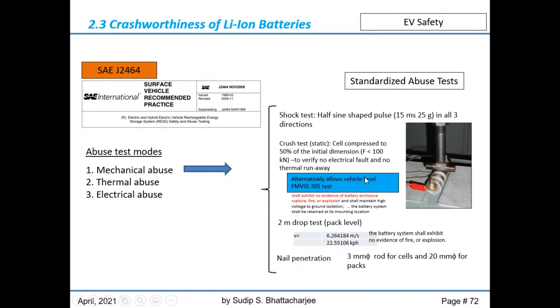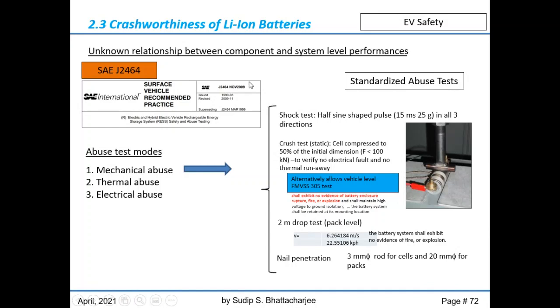And then we also have the vehicle crashworthiness tests that define the requirements at a very high level for the overall vehicle system. How do I connect the component level performance to the overall vehicle level performance? Here is where I find the difficulty, at least in my observation: an unknown relationship between component and system level performance.